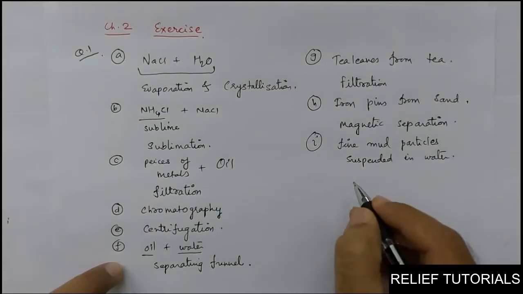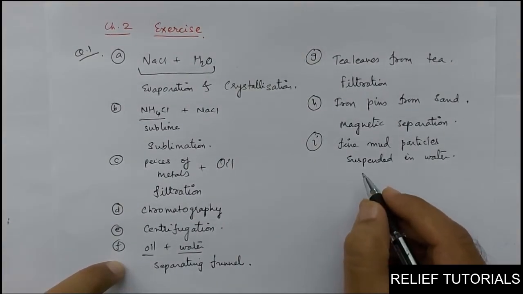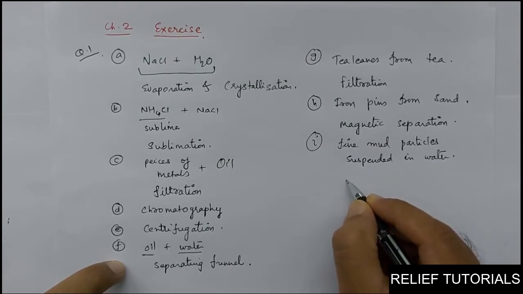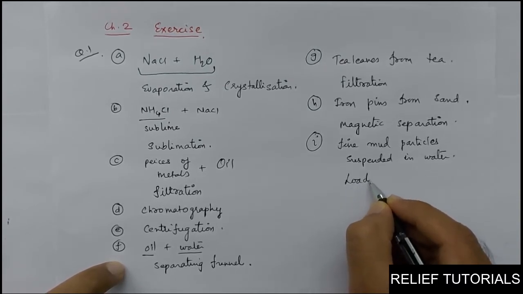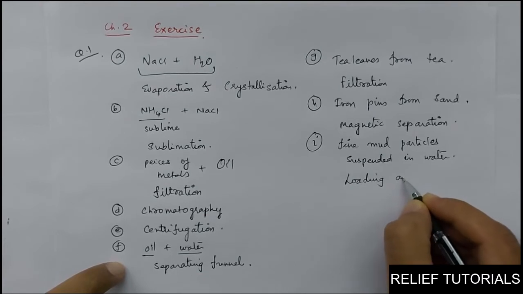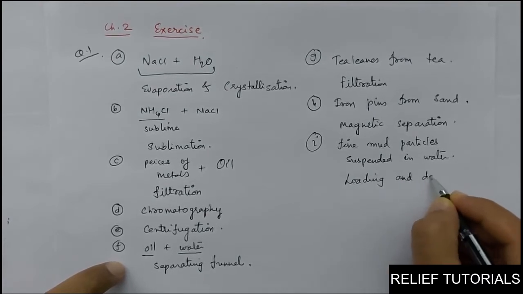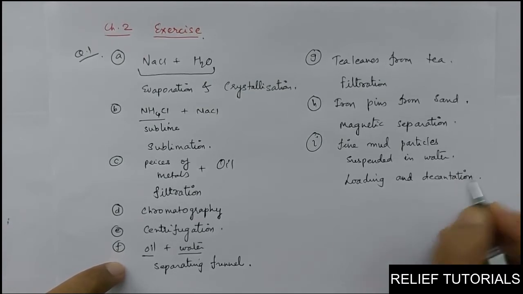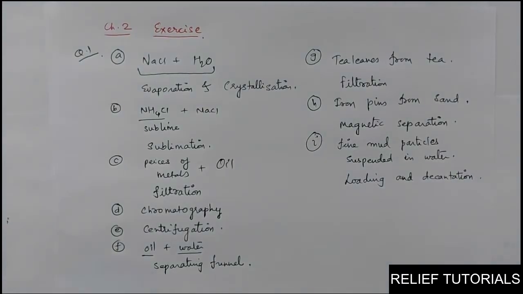So they can be separated using alum. First of all, alum, that is fatakri, is added. That process is called loading and decantation. In the last lecture, we have seen how water is purified from the water reservoir.